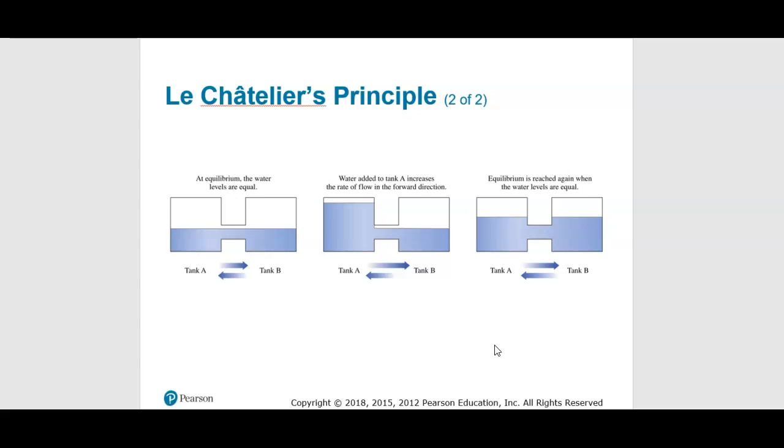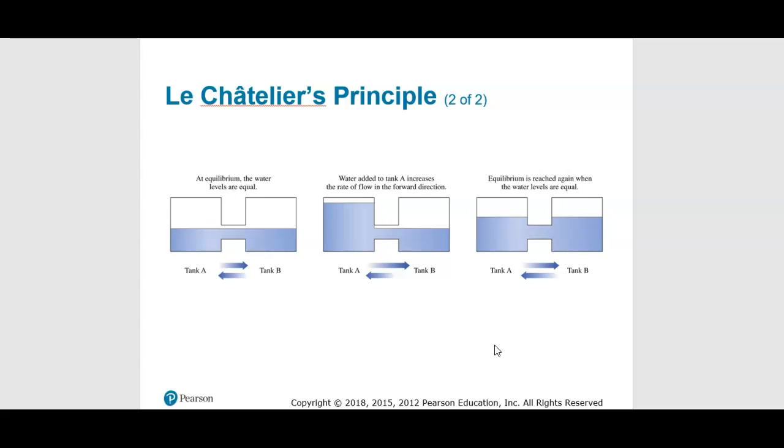Okay, so a little more on equilibrium. You see at equilibrium here, they have this double water tank set up, and I'm not crazy about the way they did this. You could say that the way it's drawn, it might not actually go to the position that's shown in the third diagram, but we'll let it go.